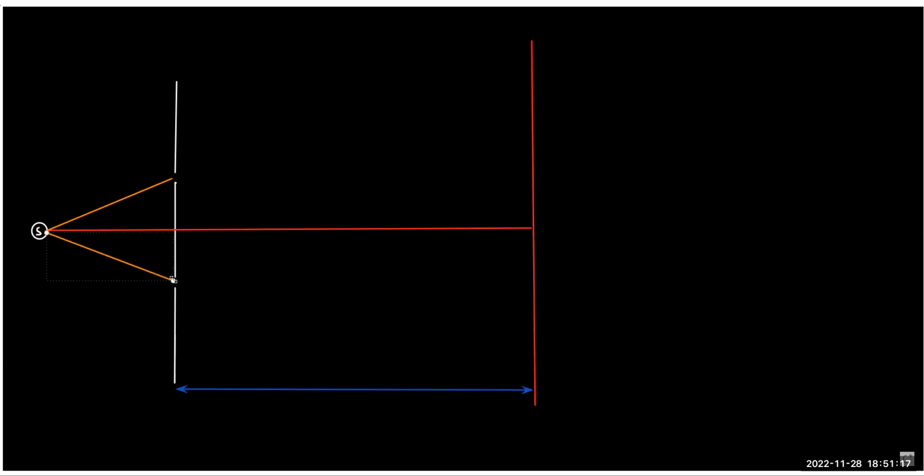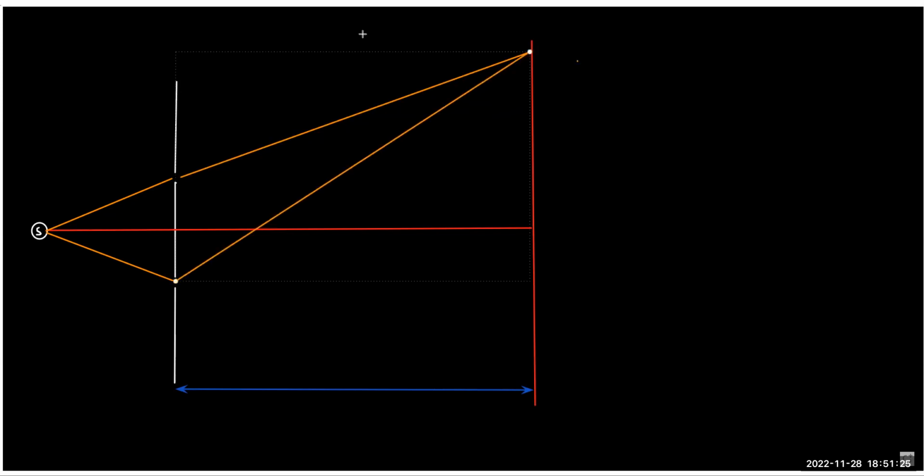You can see clearly that the two slits are symmetrical. If you really want to find the path difference without using any trigonometry, just using the basic Pythagoras, we can also find the same. So this distance we call capital D and this is called small d.